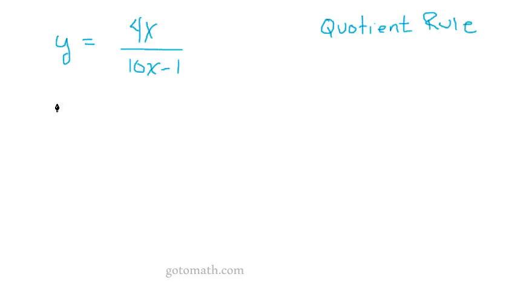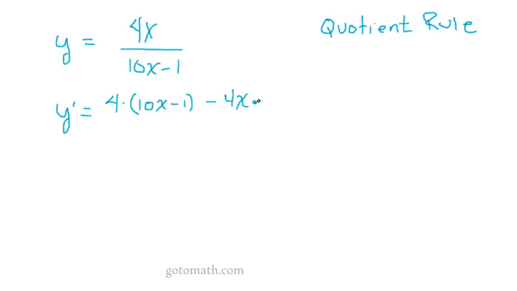Alright, this is the way the quotient rule goes. We have y prime is equal to, so we're going to take the derivative of the numerator first, and the derivative of 4x is 4. And then we're going to write the denominator next to it. Alright, then we go minus, so in the product rule we wrote a plus here, but in the quotient rule we write a minus, and then rewrite the numerator times, and then we take the derivative of the denominator.